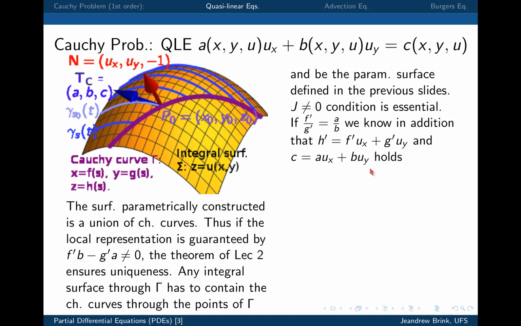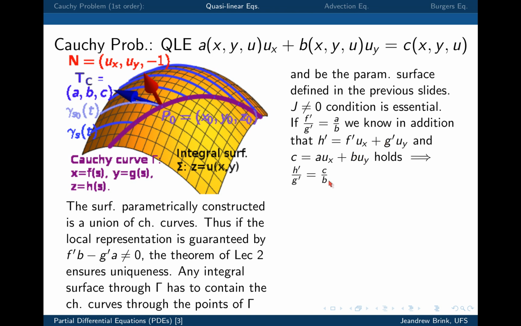And so if you have this condition, that condition, and in addition this thing to be true, you can work out a couple of consequences simply by eliminating the things you don't know, which are u_y and u_x, from these equations. The way I would do it is to divide this equation through by g prime and that equation through by b and subtract them.